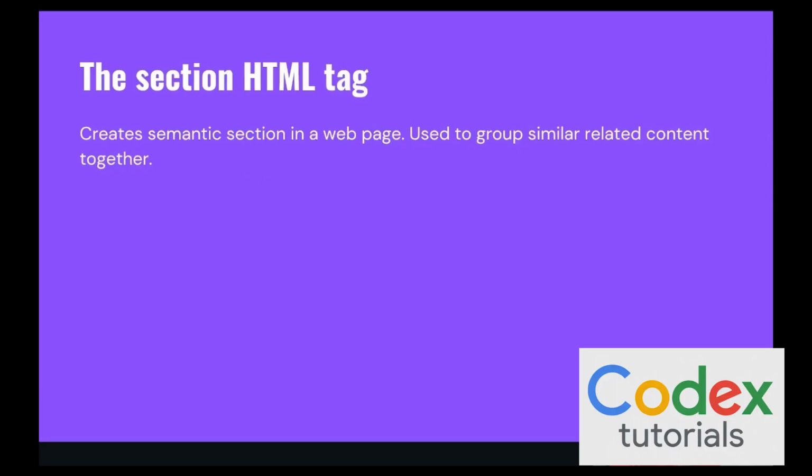Similarly, we have a section HTML tag, which, contrary to the div HTML tag, creates a semantic section in the web page. That means when you create a section which holds some value, or holds information about the content which is present in that division, then you will prefer using a section instead of a div.